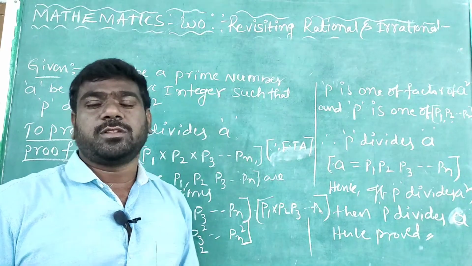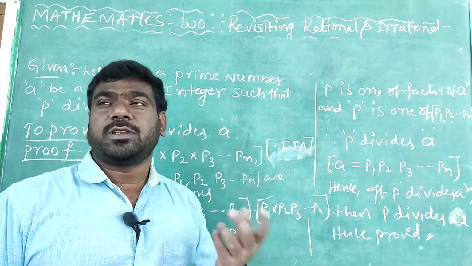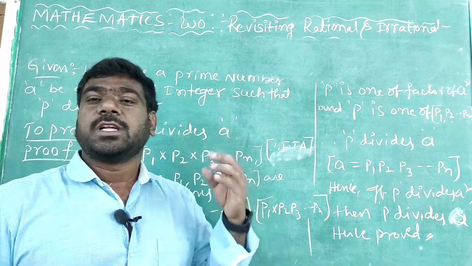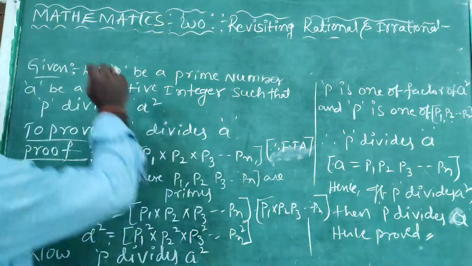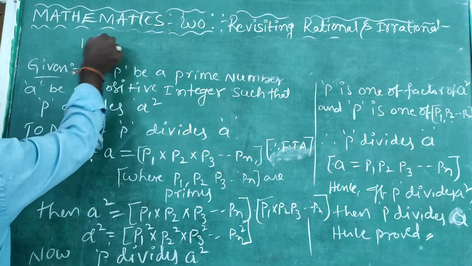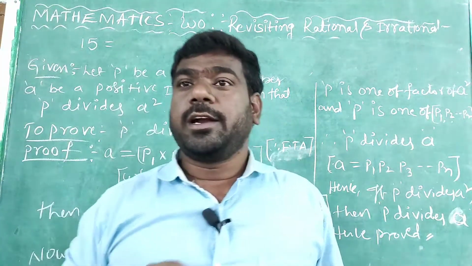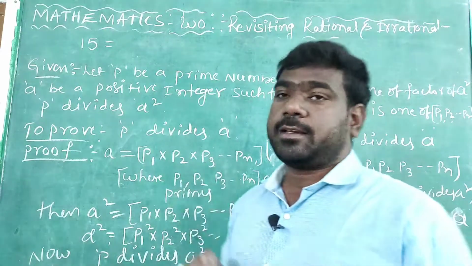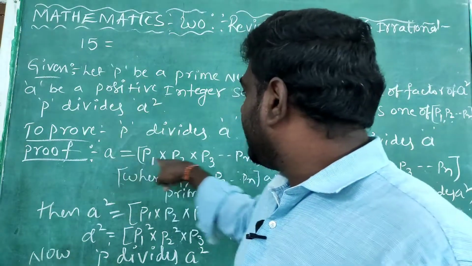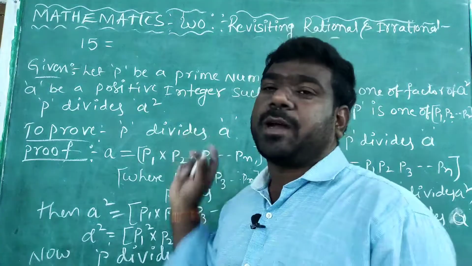Let us consider any positive integer. Suppose I take the positive integer 15. It is a positive integer. According to the fundamental theorem of arithmetic, this positive integer can be represented as a product of its prime factors.